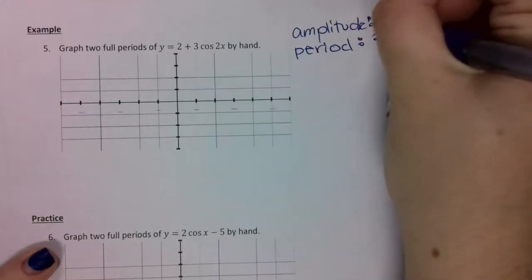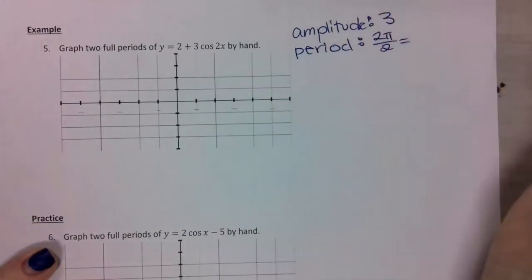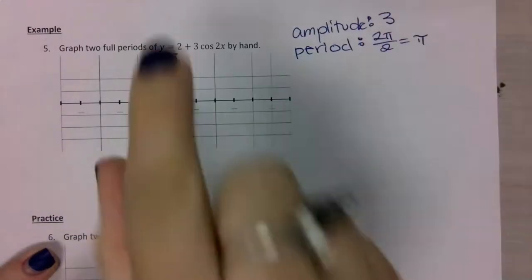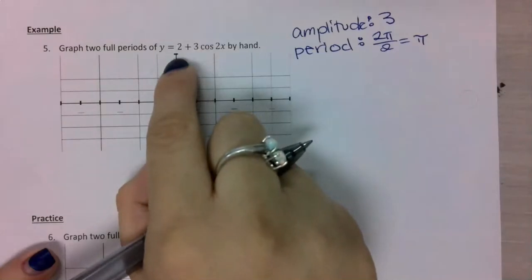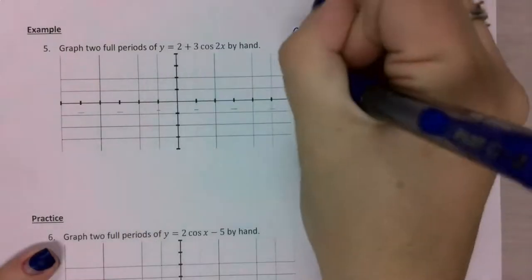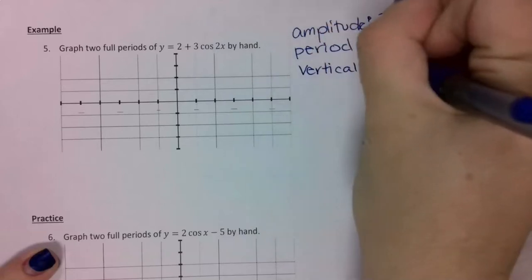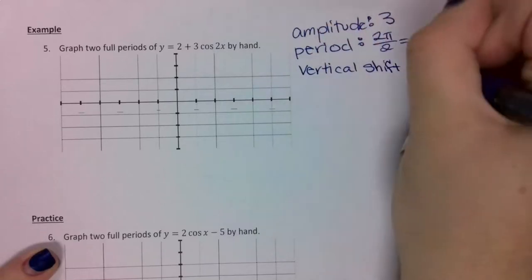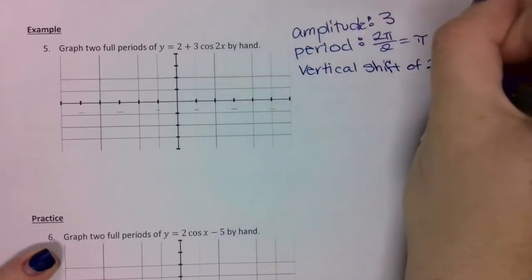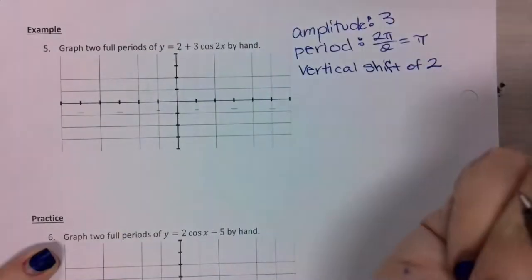Yeah, it's going to be pi because I take 2 pi and divide by the 2 in front of the x. And then notice this one has a 2 that isn't part of anything. This is a vertical shift of 2. So that means all of my y values are going to go up by 2.